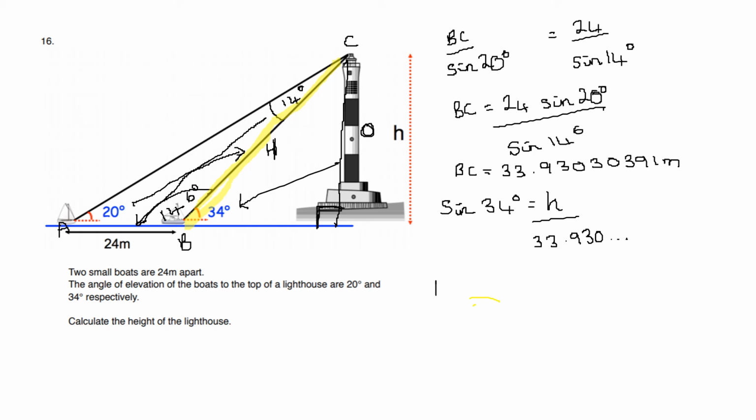So if we rearrange, we're going to get h is equal to 33.930 multiplied by sine 34 degrees. So that will give us h as being equal to 19.0 meters to 3 significant figures.